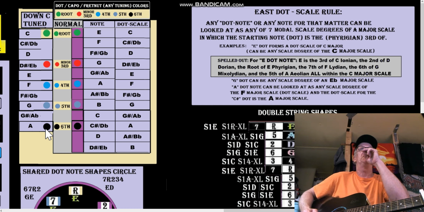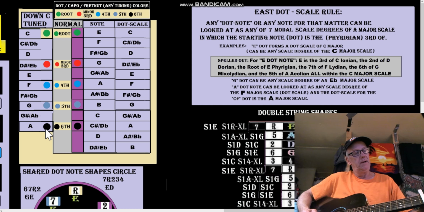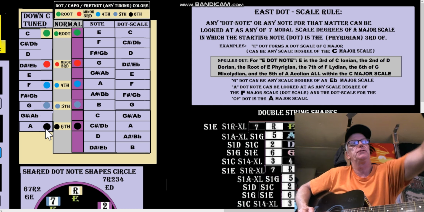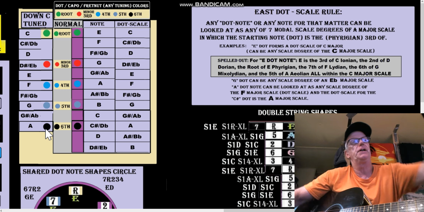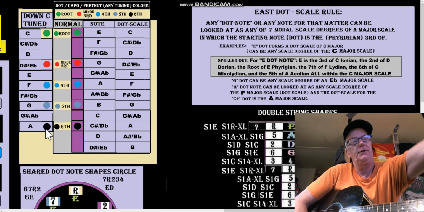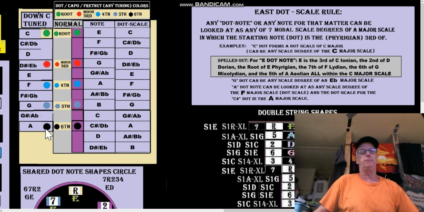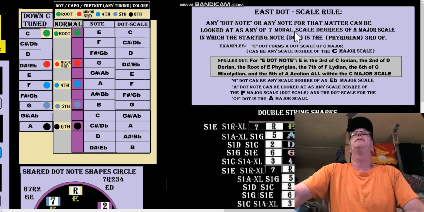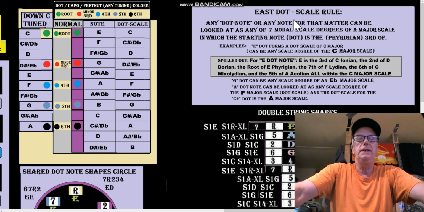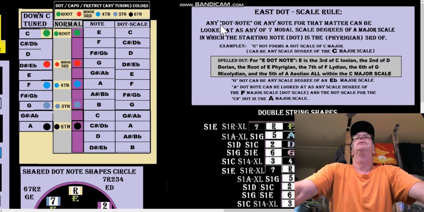Now let's talk about the dots. We're gonna have to leave perfect pitches for the discussion of the dots. And I will play it on the guitar whenever we can, but I want to talk about the easy dot scale rule.